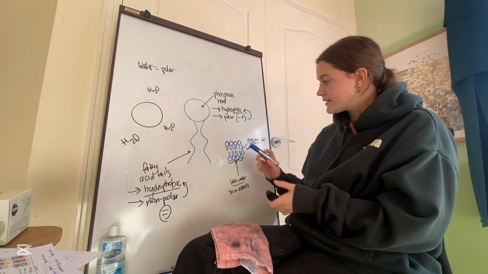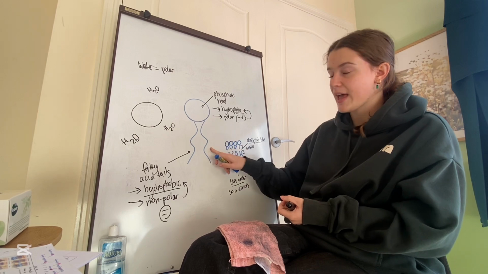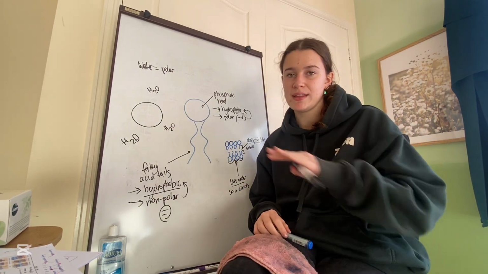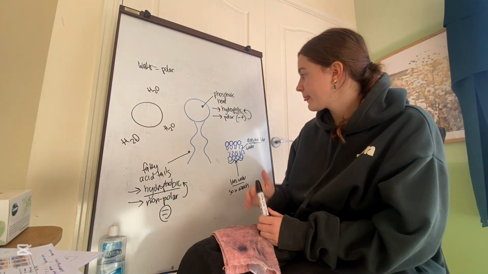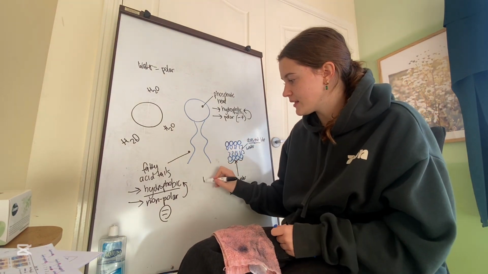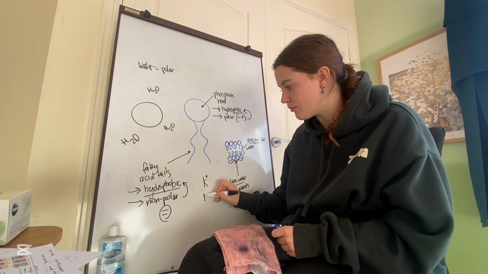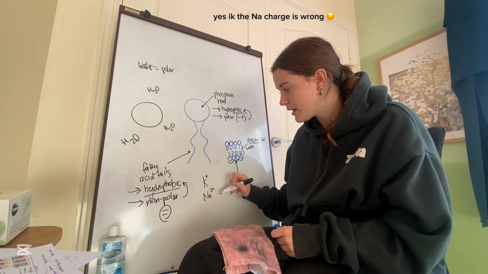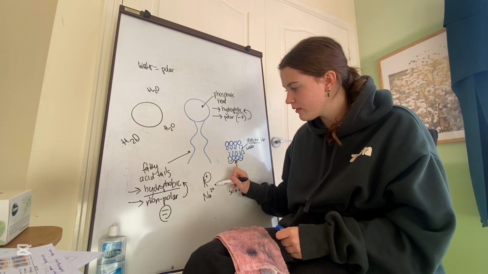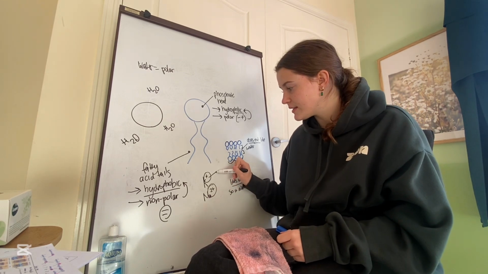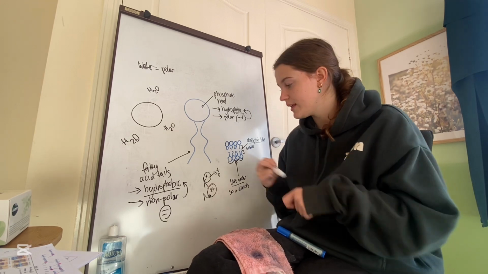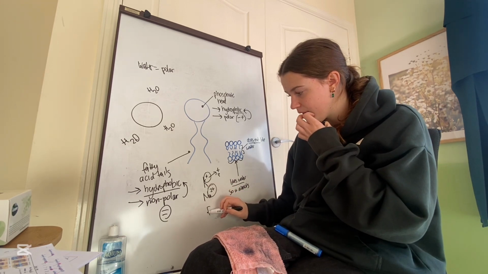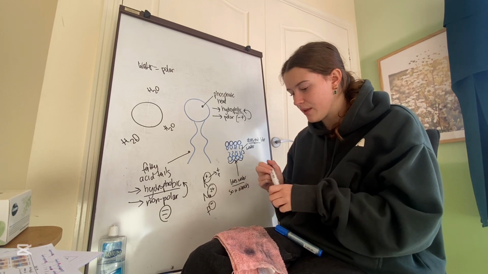So, this middle section made of the tails doesn't allow anything to freely pass through if it's polar. This is things like potassium or sodium, right? Because they all have this positive polarity, right? Or if it's negative, they all have a negative thing.